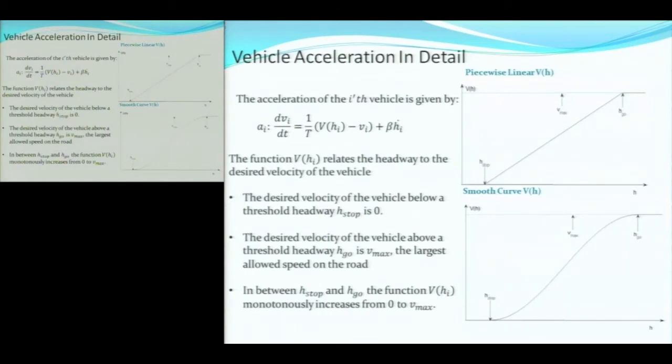At another higher threshold, h go, if the driver gets a headway above that distance, then he would tend to travel at the maximum allotted speed on the freeway. In between these two distances, we can have a monotonic increase of the function from 0 to the maximum allotted speed. This can be done either in a piecewise linear fashion, as in the graph on the top right, or in a nonlinear fashion like this trigonometric function on the bottom right corner of the slide.